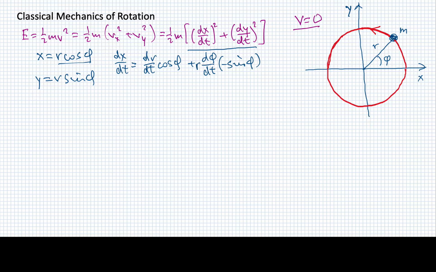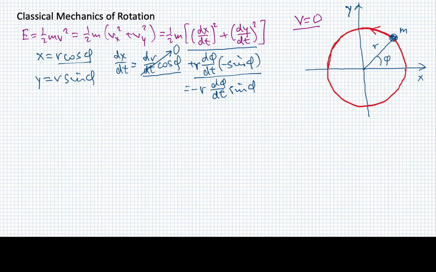And I need a factor of r there in front. Now, I don't have any motion in the r direction. In other words, r is staying fixed, so this has got to be 0. So that leaves me with this as my final result, or perhaps I should write this as negative r d phi/dt times sine of phi.